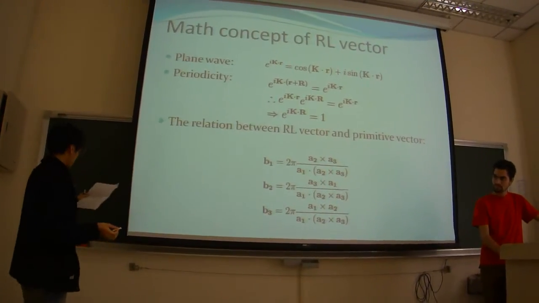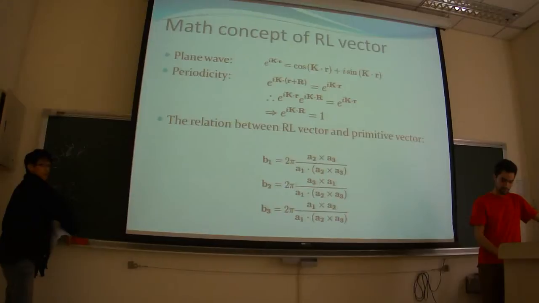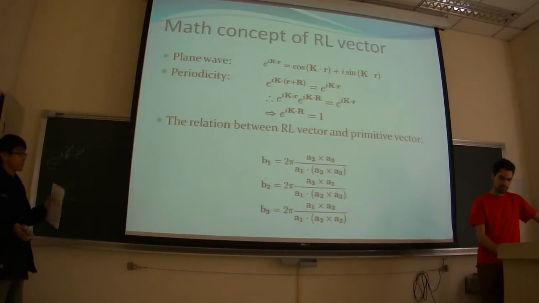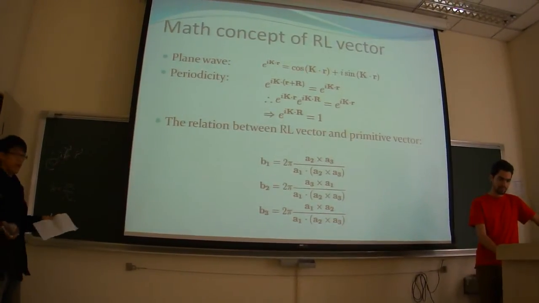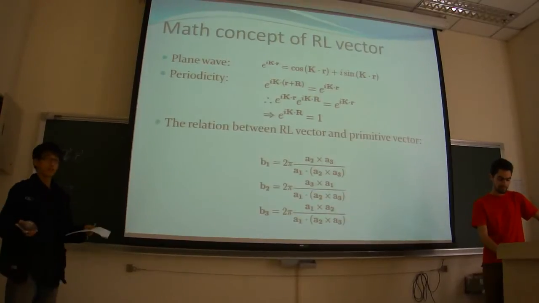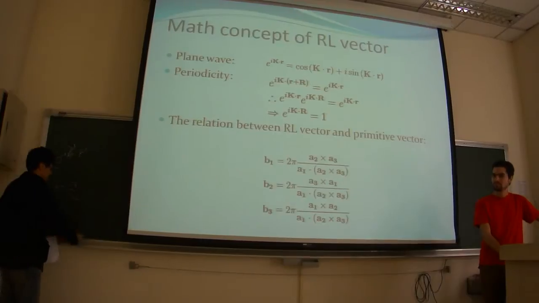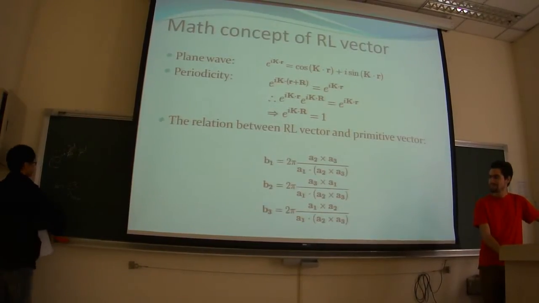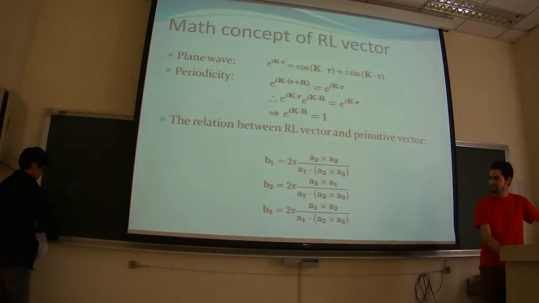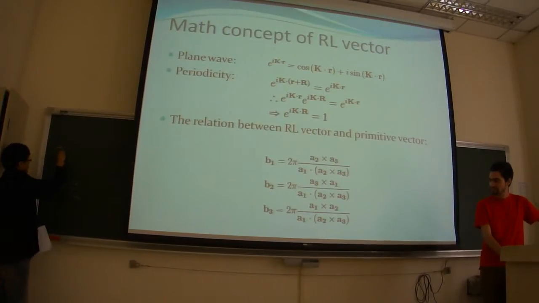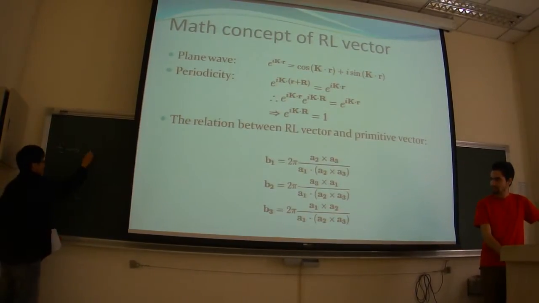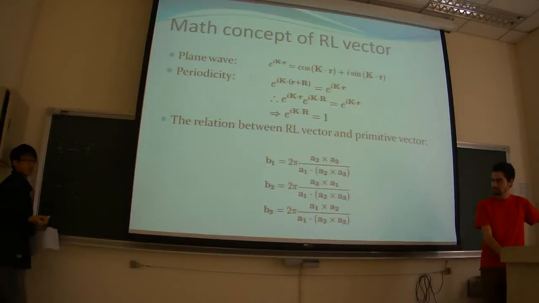Also, okay, oh, I forgot something. If you don't know the transform, I can give some similar examples. I believe most of you have already taken the course on signals and systems, right? So in signals and systems, you use the Fourier transform to go from the time domain to the frequency domain, right?